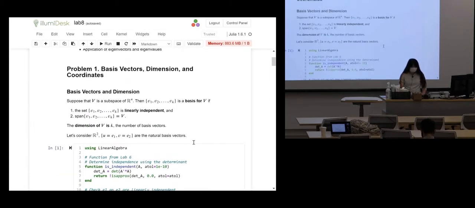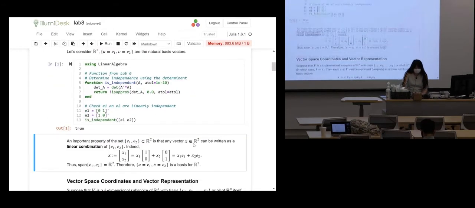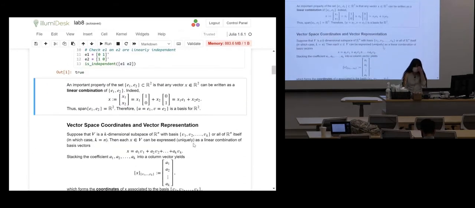So we covered the basis vector and the dimension. Let's talk about the coordinates. Coordinates is a concept associated with the basis.